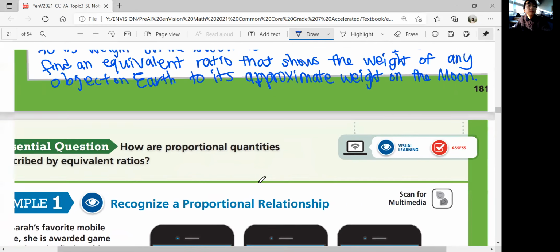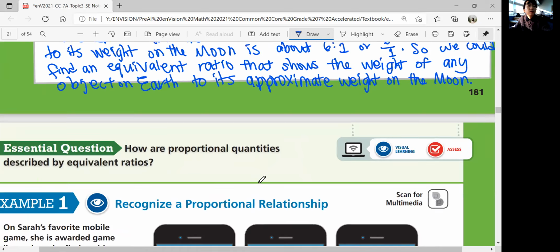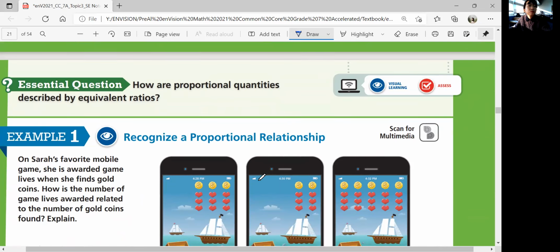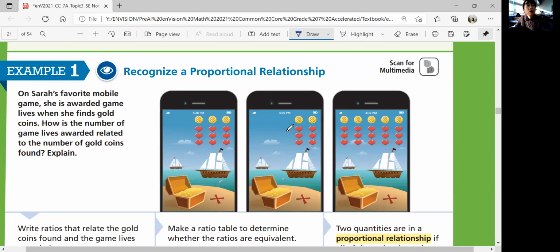So example 1, we're going to recognize a proportional relationship. On Sarah's favorite mobile game, she is awarded game lives when she finds gold coins. How is the number of game lives awarded related to the number of gold coins found? Explain.